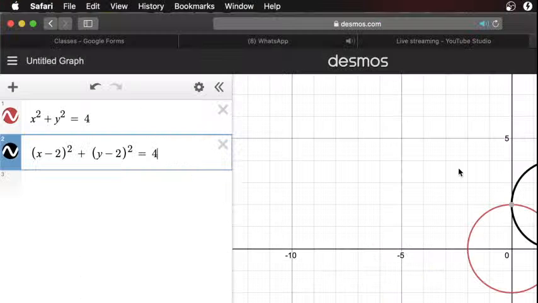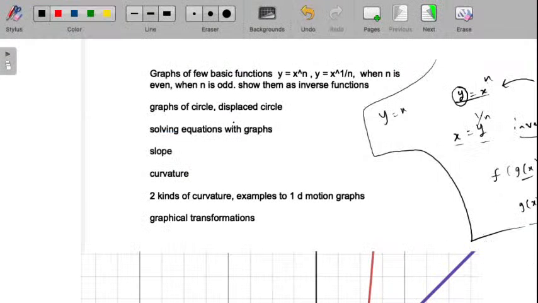So the same thing can apply to a straight line as well. Just like we have y equals x, y equals x power n, etc., we could also define the same relations with y equals x minus 2 whole power n.